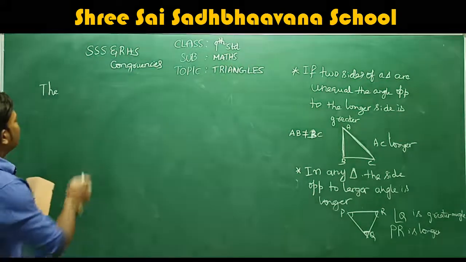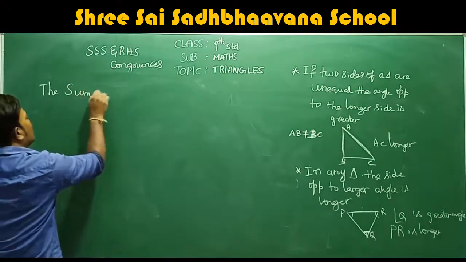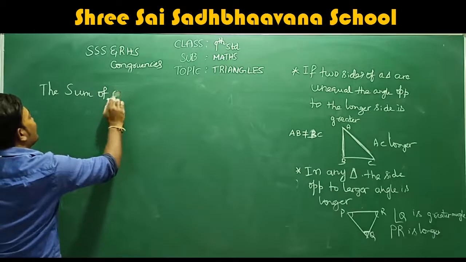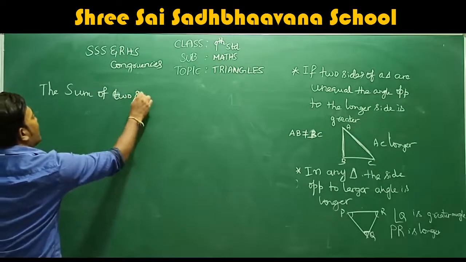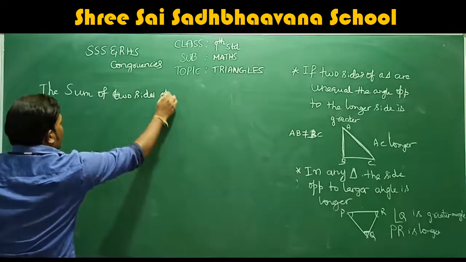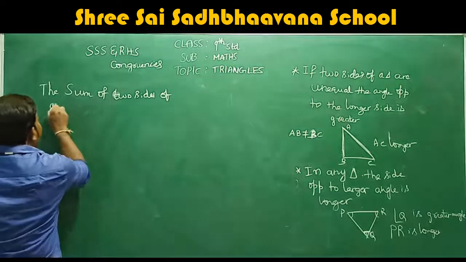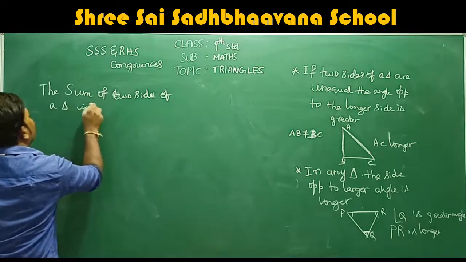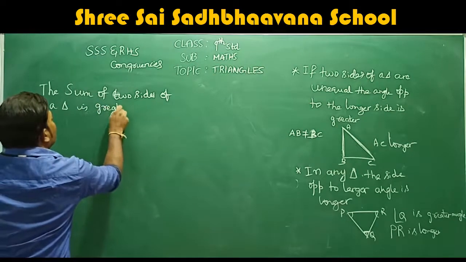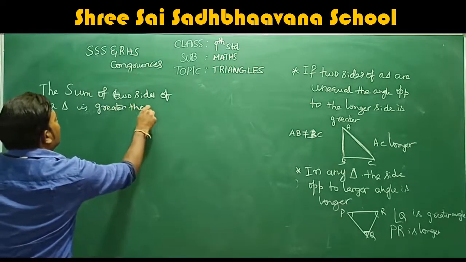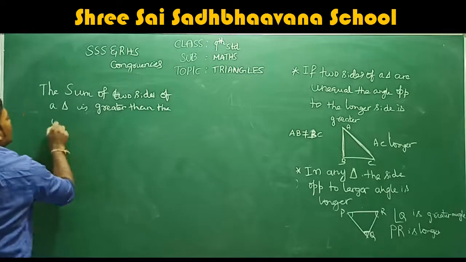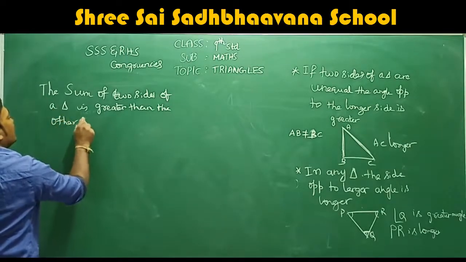Let me explain it. The sum of two sides of any triangle is greater than the third side. Okay, so here you should understand one thing.